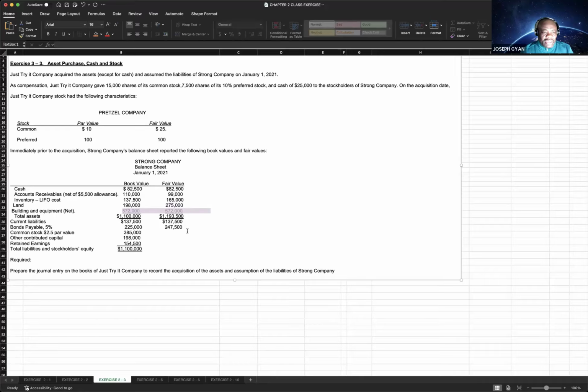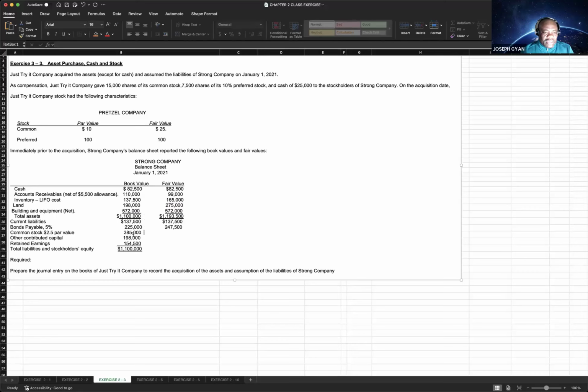There's no change. The total asset now is 1,193,500 as compared to the book value of 1.1 million. When it comes to the current liability, there's no change. When it comes to the bonds payable, there's an increase. I think the difference may be 50,000, I don't know, or maybe 22,500, something like that.